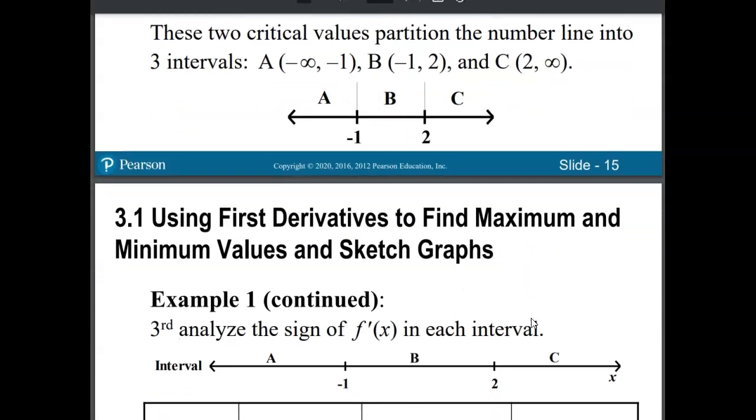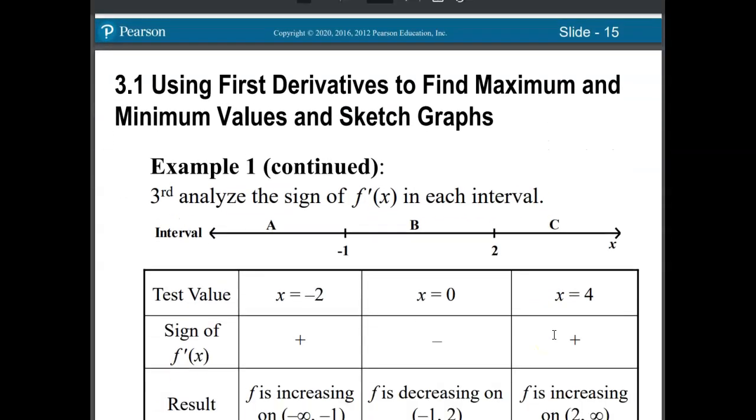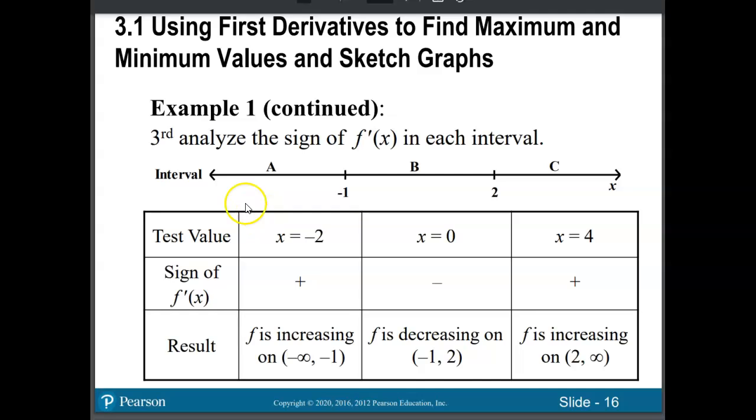Now we're going to analyze the sign of our derivative. We're looking for where the derivative is positive and negative in each of those intervals. In our first interval, from -infinity to -1, they're calling that interval A, this test value just means choose a point in that space. They've chosen x equals -2. So you plug -2 into the first derivative equation.